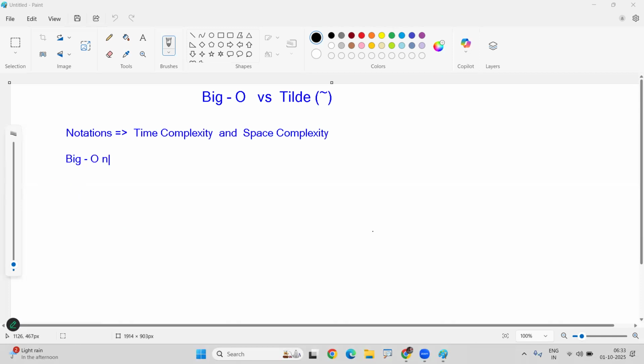And here, what is big O notation? What will it represent? First of all, it tells us the worst case growth order. If you see the example, you will get clarity.